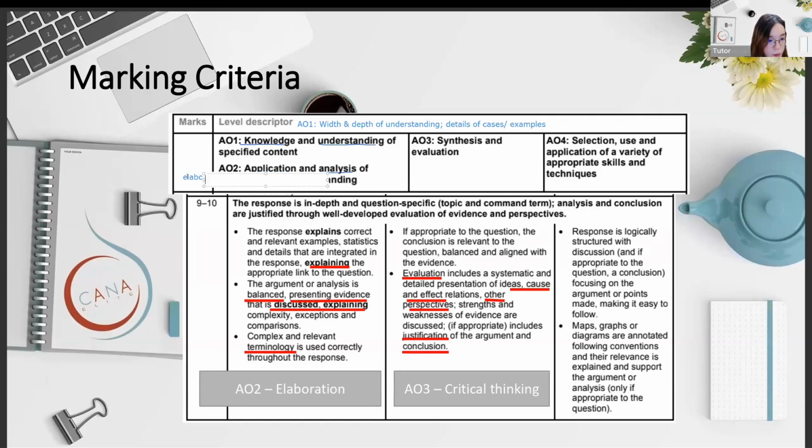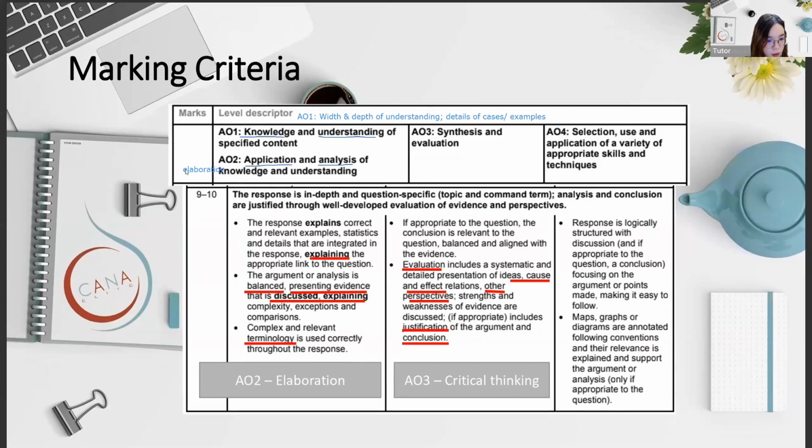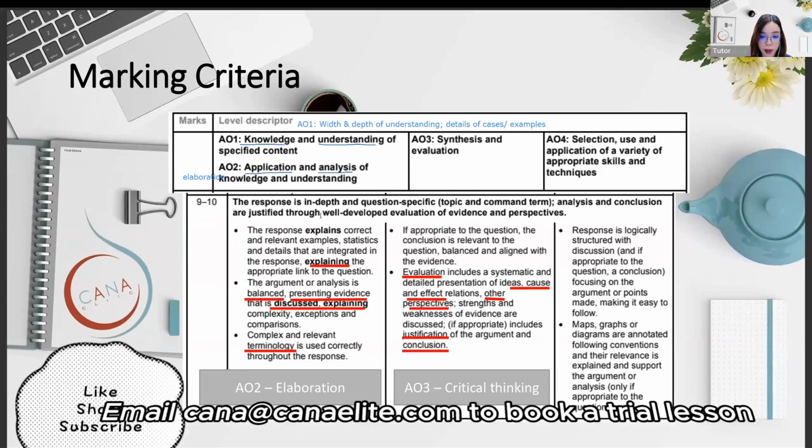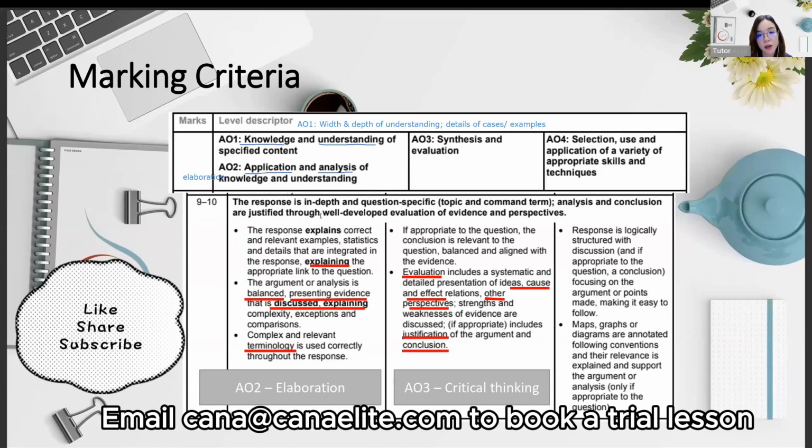Once you talk about, for example, the causes of climate change, if you don't elaborate a little bit about how that actually takes place, like, okay, we burn fossil fuel, but how does it lead to climate change, or you just briefly link two words together without anything elaborated in great detail, then your AO2 would be quite weak.